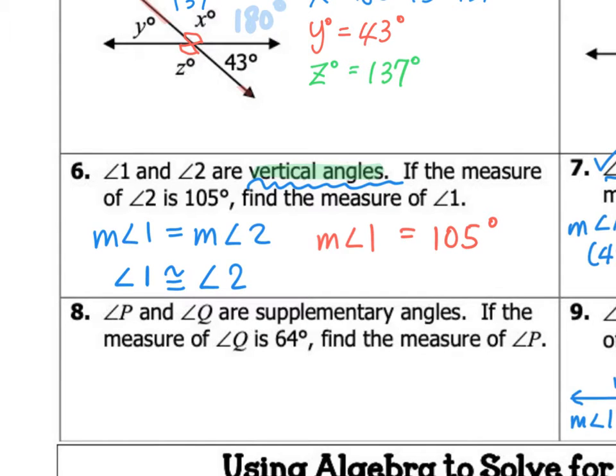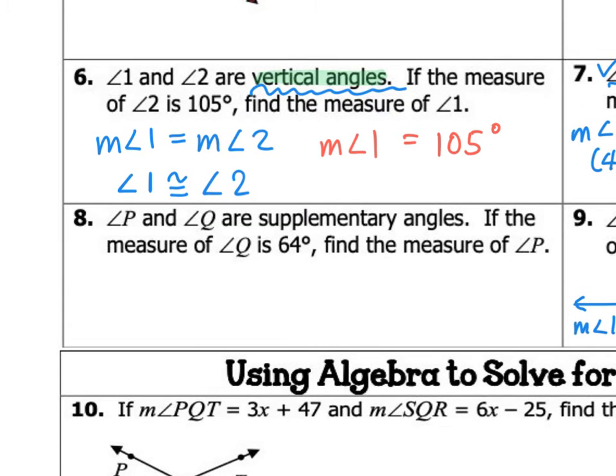Can you tell how important it is to know each term and each relationship in order to solve those questions? All right, let's move on to number 8. It's right below. Angle P and angle Q are supplementary angles. So the key term right here is what? Supplementary angles. So that means the measure of angle P plus the measure of angle Q equals 180 degrees.